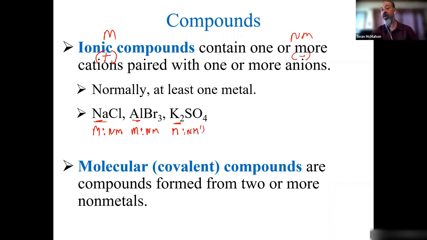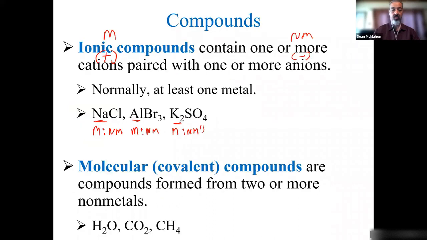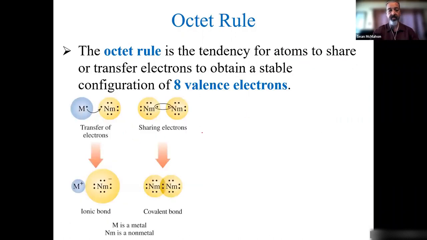And you can use your periodic table to help you see that. Molecular compounds are just two or more nonmetals. So CO2, they're on this side of the periodic table, CH4. Now, why do metals and nonmetals combine, or why do nonmetals and nonmetals combine?